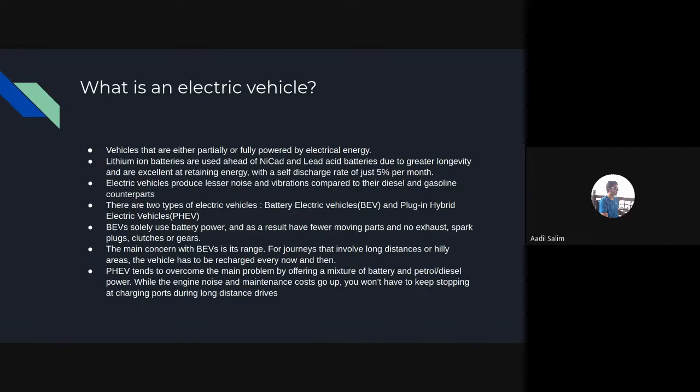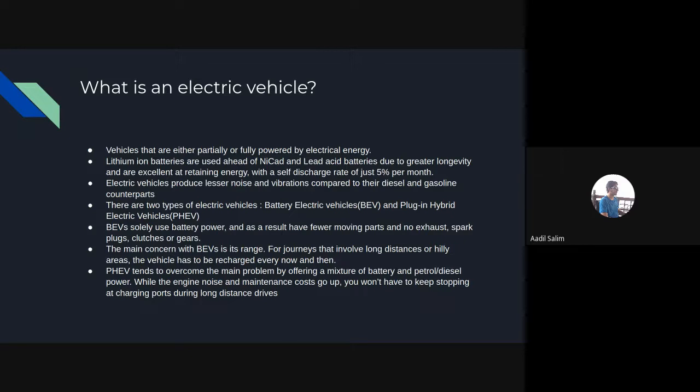Because they have great longevity and have excellent energy retention capabilities. Also, we can say that they are lightweight compared to other batteries like lead acid batteries, and they don't discharge as fast as nickel or dry cell batteries. So these are all the reasons why lithium ion batteries are preferred for the power supply.